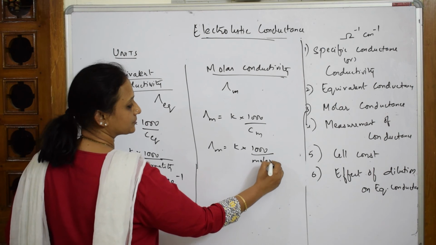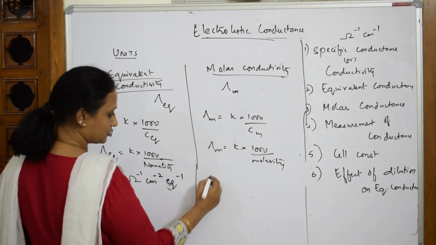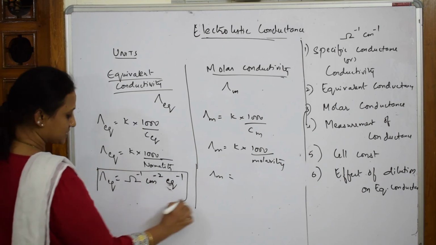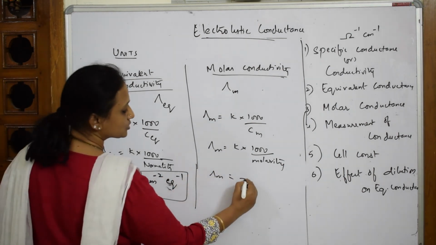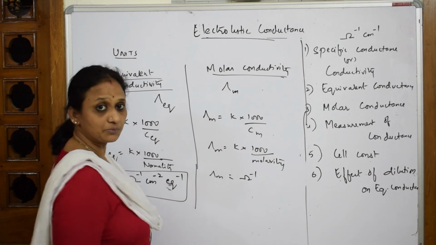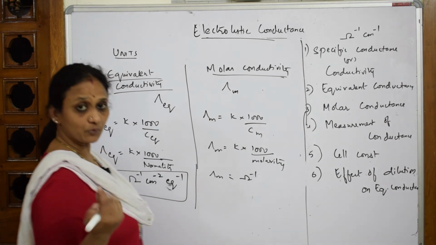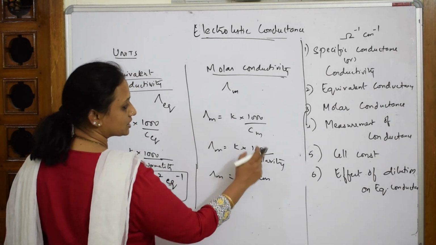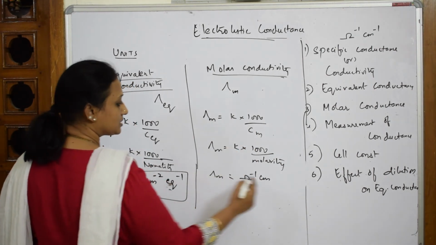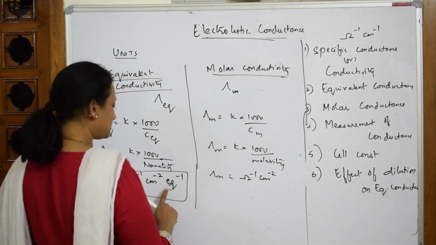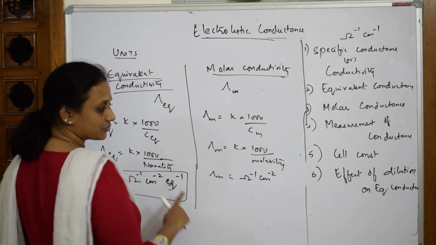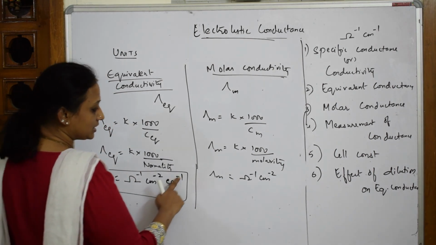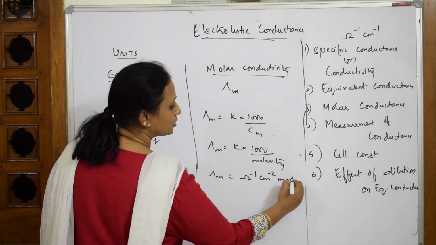This is what we have written. So again, the unit is the same. Kappa is ohm inverse, molarity is the number of moles divided by the volume of the solution. Because the distance between both the electrodes is 1 centimeter, the area of cross section is centimeter square, which you have taken. So here instead of equivalent inverse, you get mole inverse.